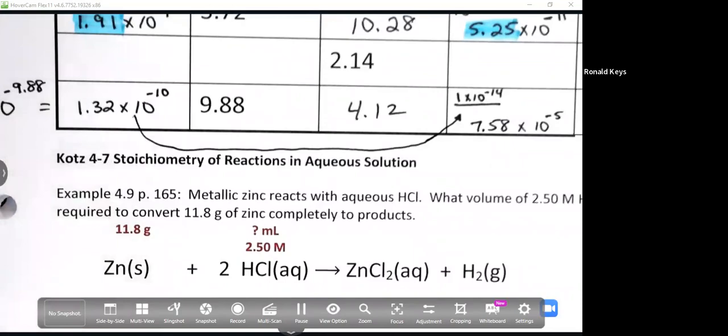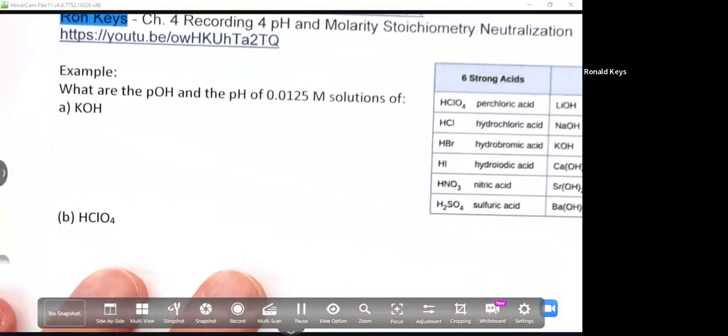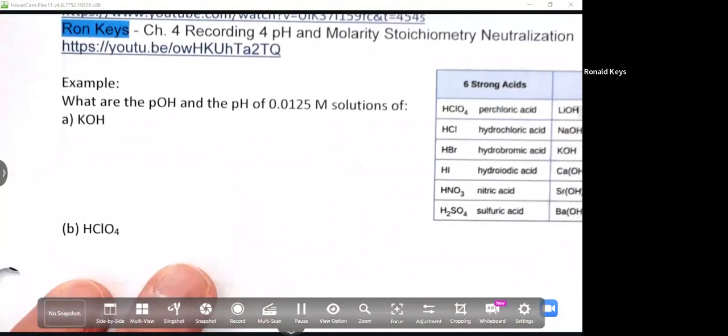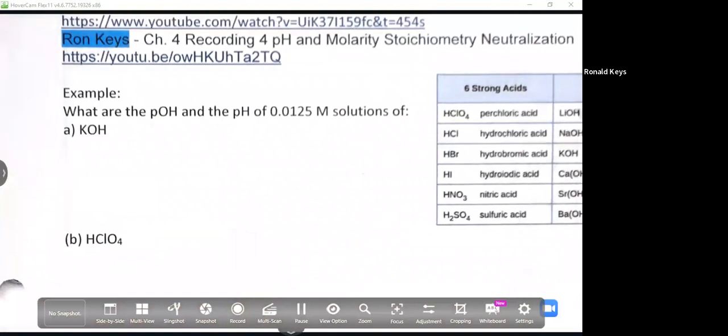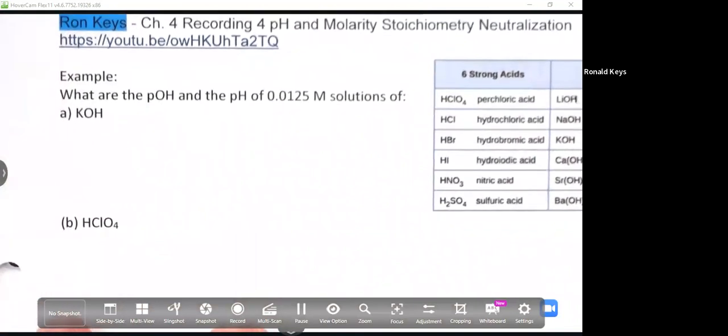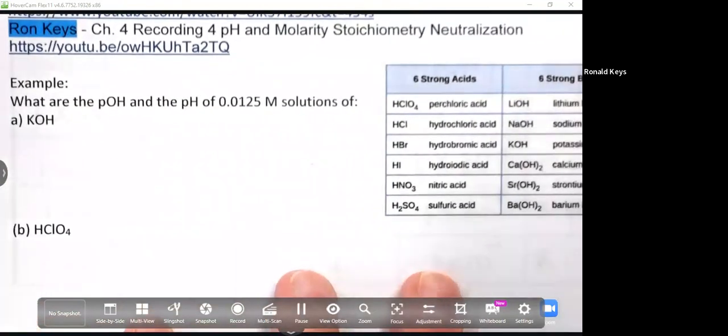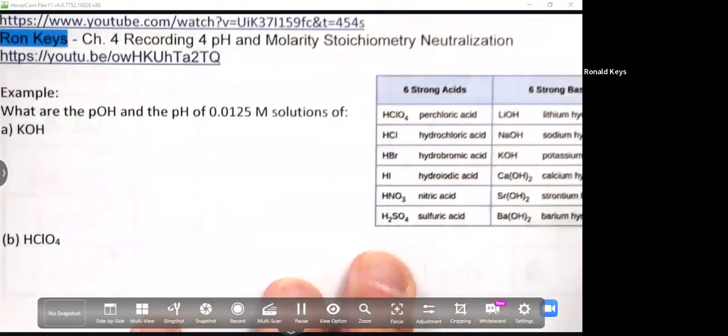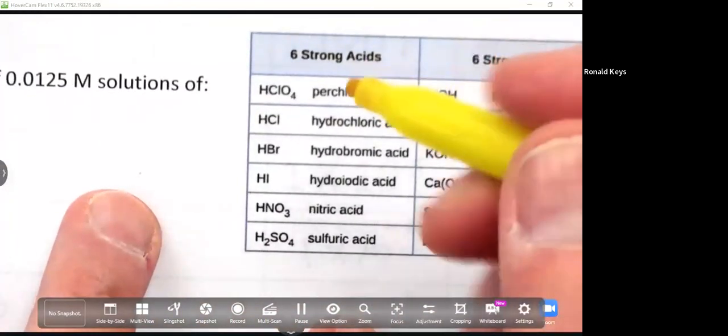Now let's go back to page 10. Our strong acids are on page 10. What do we know about strong acids?